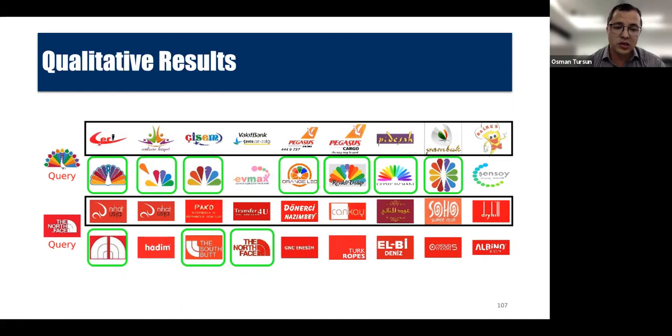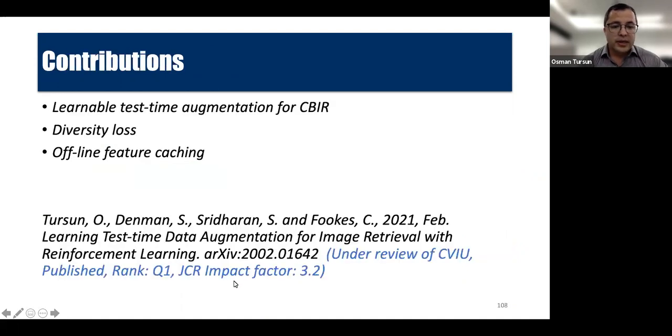The second row is with data augmentation. And the second result is very interesting. As you see here, we actually capture the rotation difference and also the contrast difference. And so the contributions of this work are learnable test time data augmentation, diversity loss, and offline feature caching.